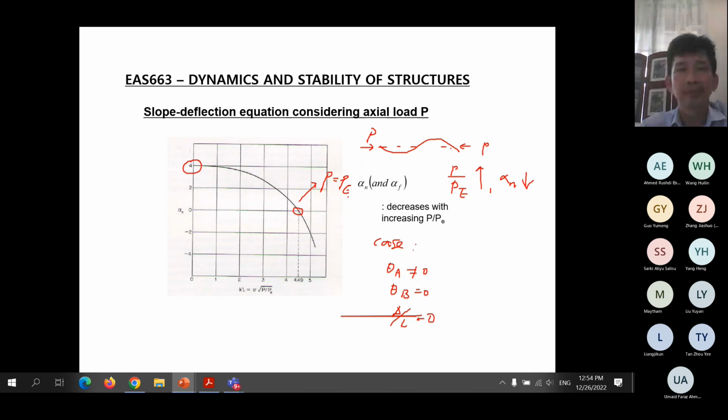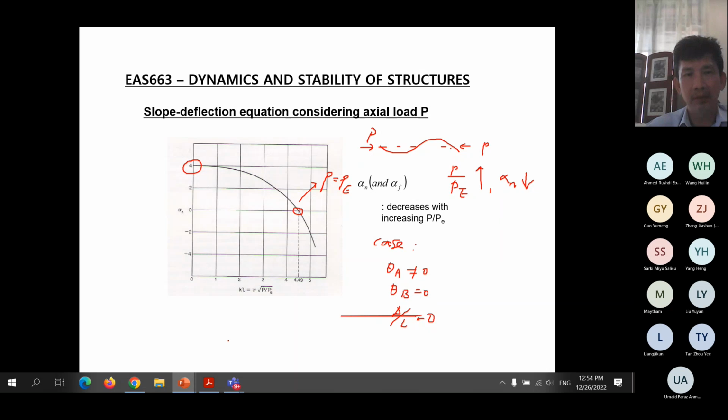So when the load that we apply relative to P critical is getting larger, it has an effect on the bending stiffness. That is, it will reduce the bending stiffness. And at the instant when P is equal to P critical, you get 0 stiffness. Stiffness vanishes.